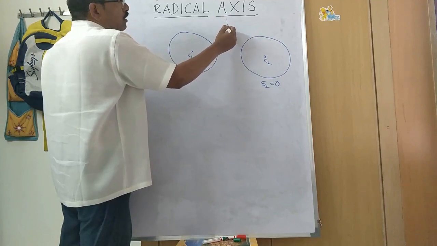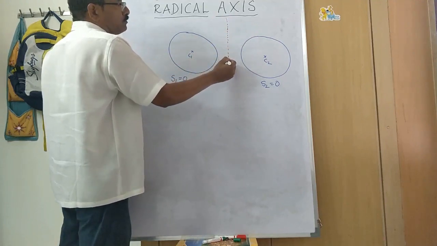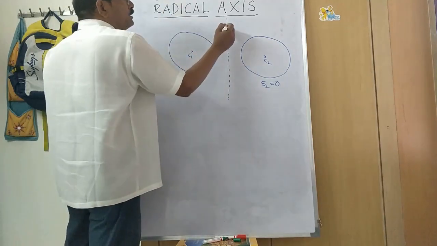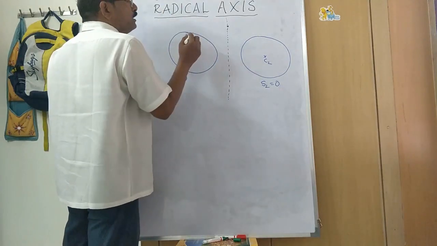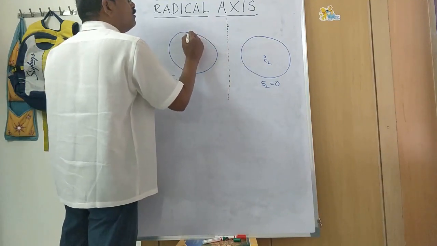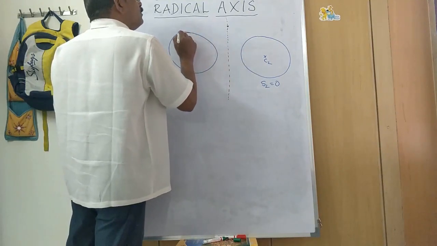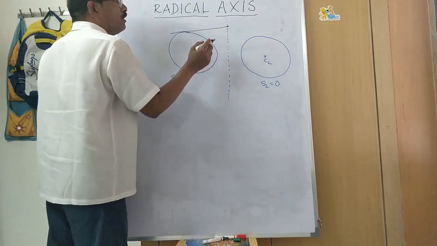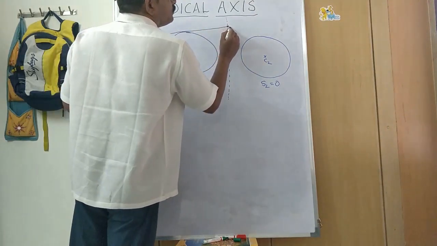It is the locus of the points that are equidistant from the tangents to the circles.